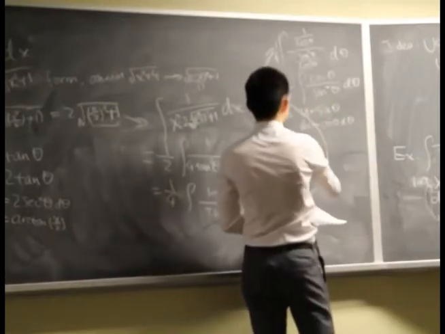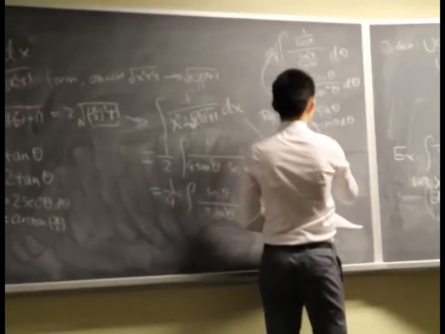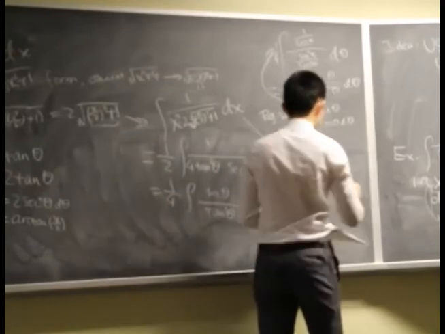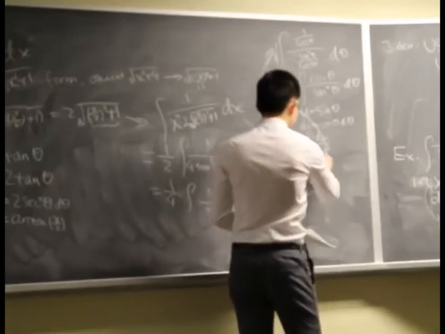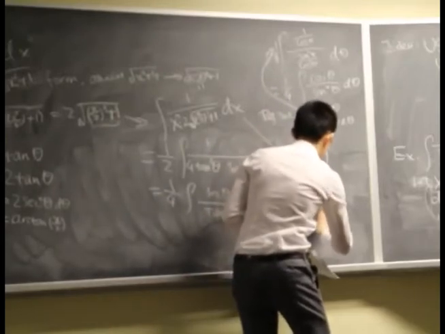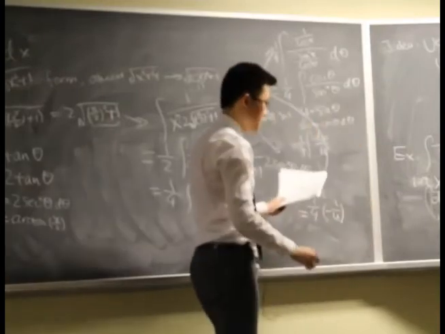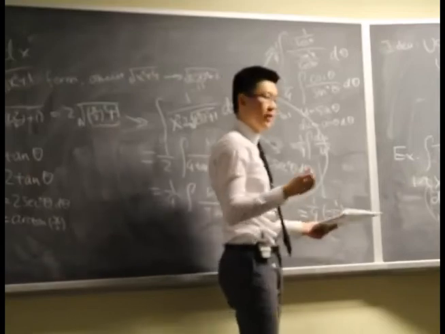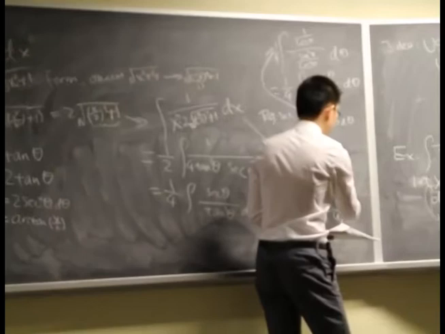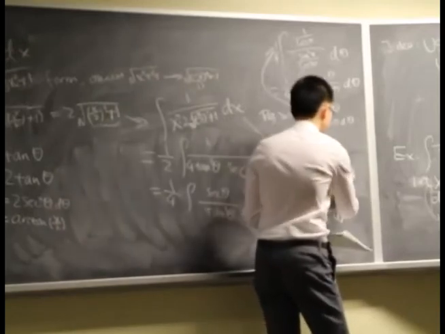And this integral will translate to integral of 1/4 du over u squared, which is going to be, I'm just running out of space here, 1 over 4 times negative 1 over u. Because negative 1 over u is negative u to the power of negative 1. Drop down the coefficient at the power and then subtract 1, you will get u to the negative 2, which is 1 over u squared.